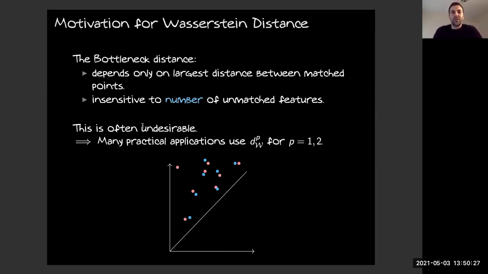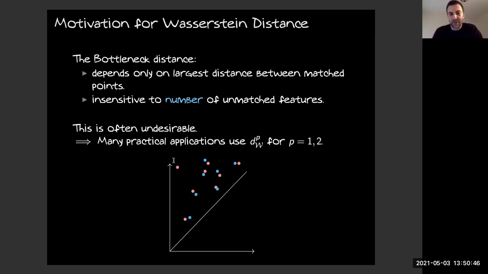So why would we want to work with this Wasserstein distance on barcodes when we already have this lovely bottleneck distance? Well, the bottleneck distance has some defects that may not be so nice in application. First, it depends only on the largest distance between matched points.